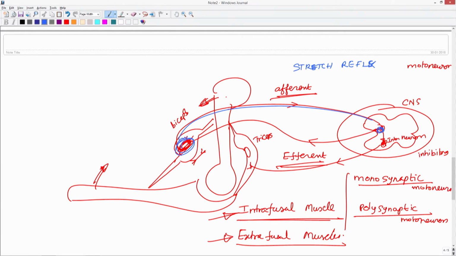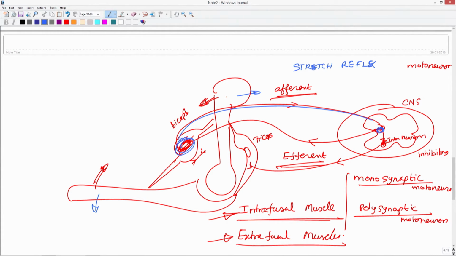Now, suppose we want to voluntarily stretch your hand, what happens? The muscle spindle again is going to increase. So, you are going to stretch it this way, this way. So, the muscle spindle is increasing in its length.